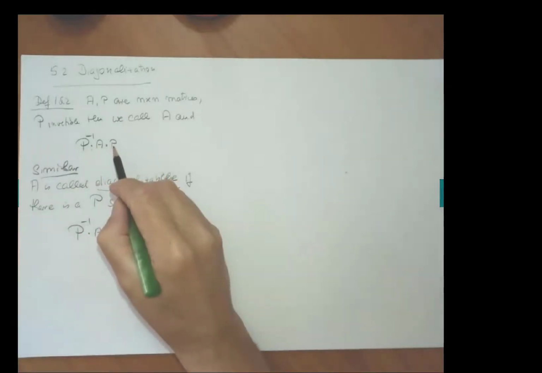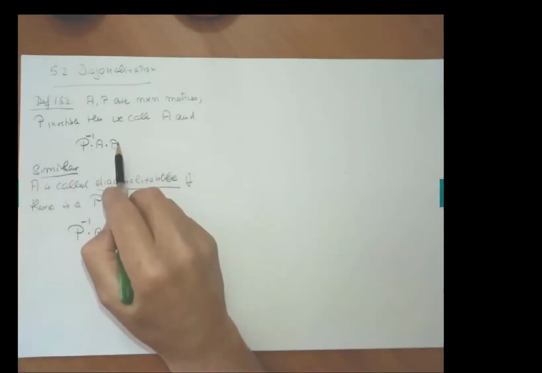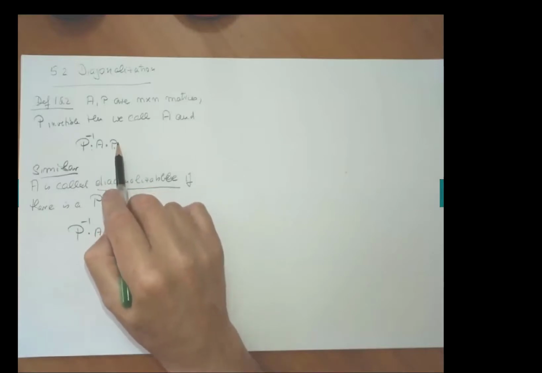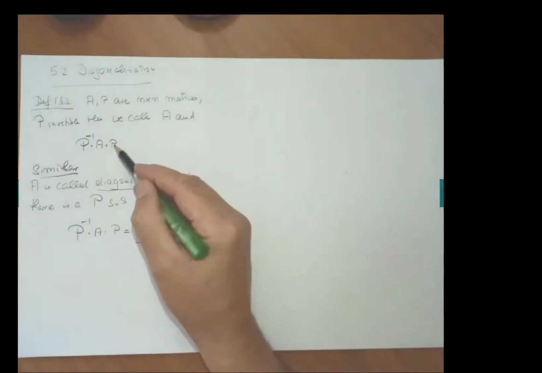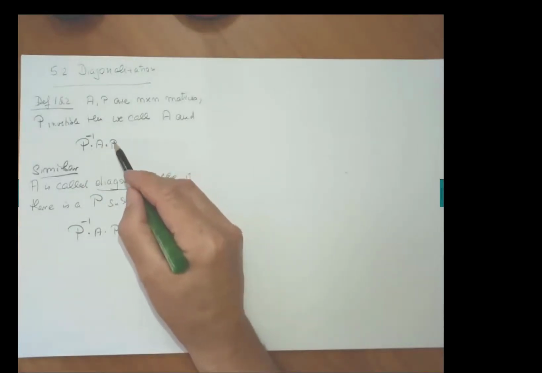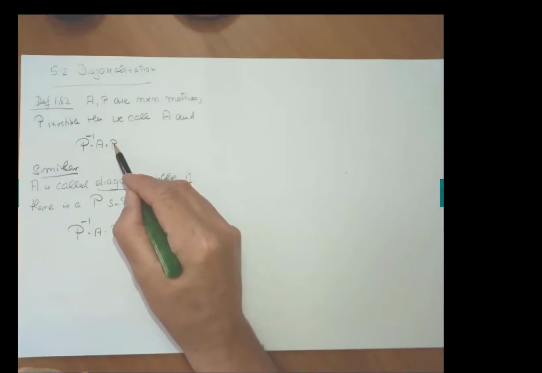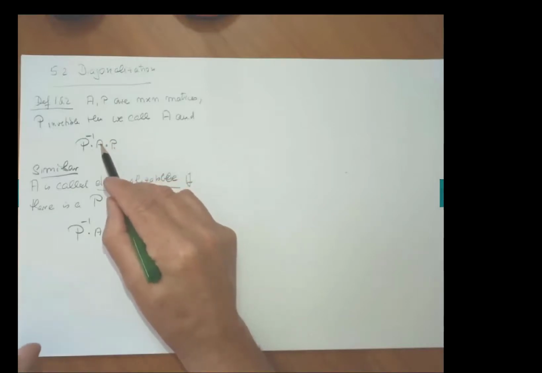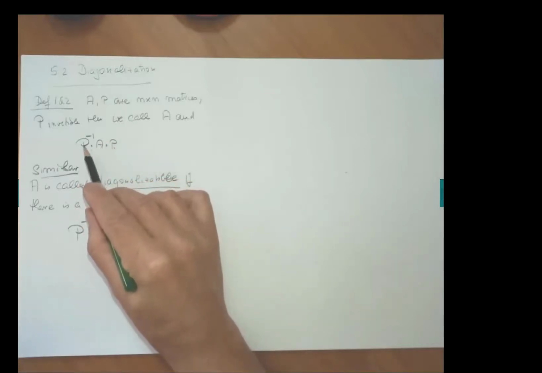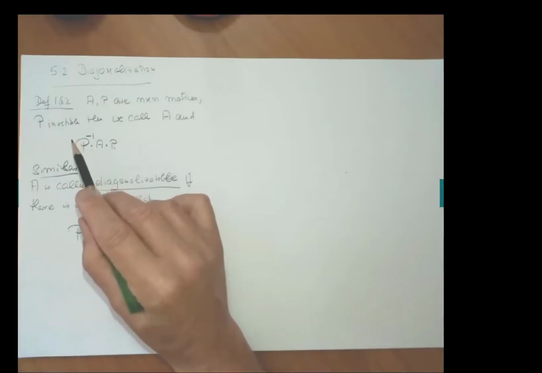It turns out every invertible matrix is actually a basis transformation. So what are we actually doing here? We change the basis, apply A, and change the basis back, because P inverse is the inverse base change.